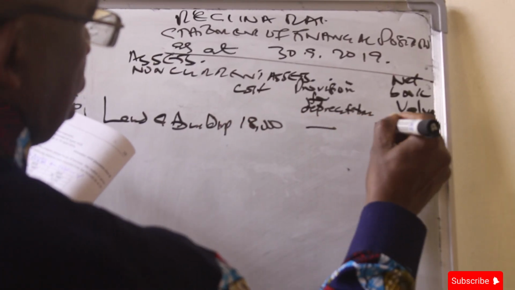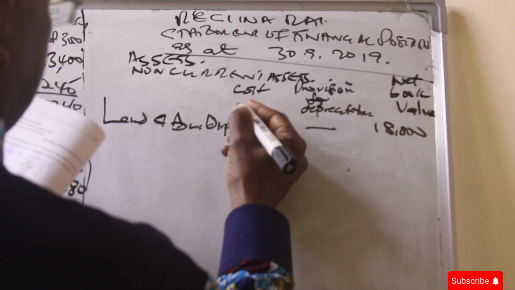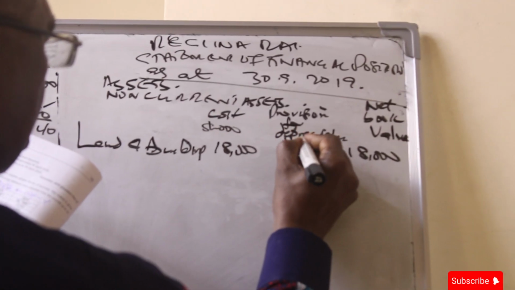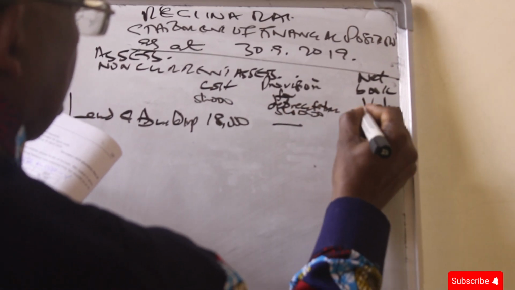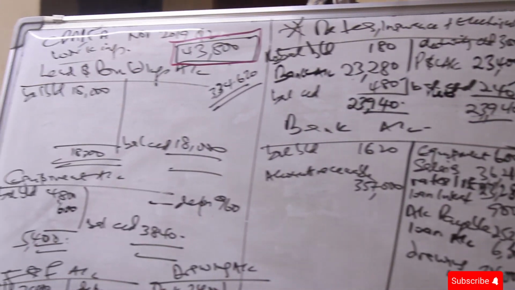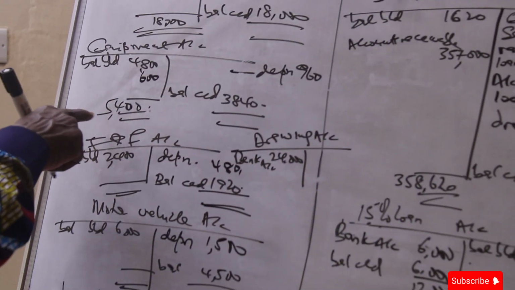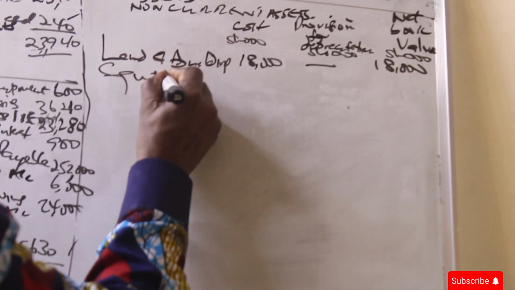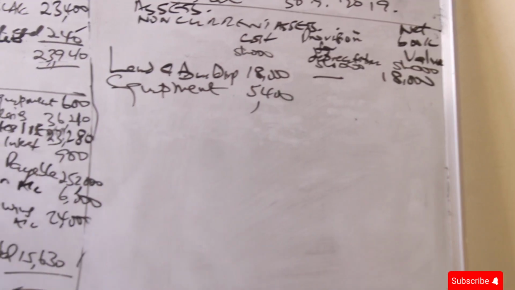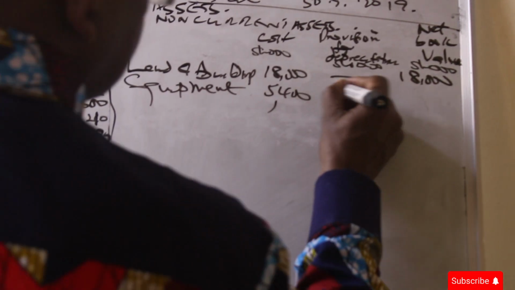$18,000, no depreciation. Everything is in shillings in thousands. Then we come to equipment. Equipment is 5,400 and the depreciation is 960.